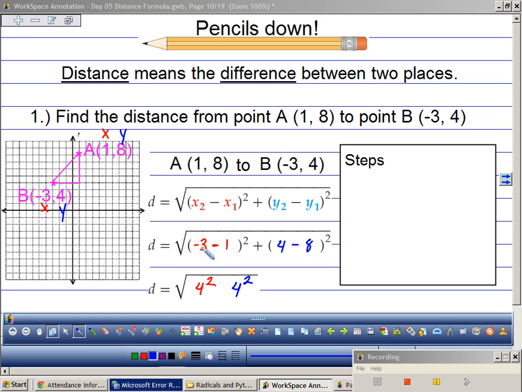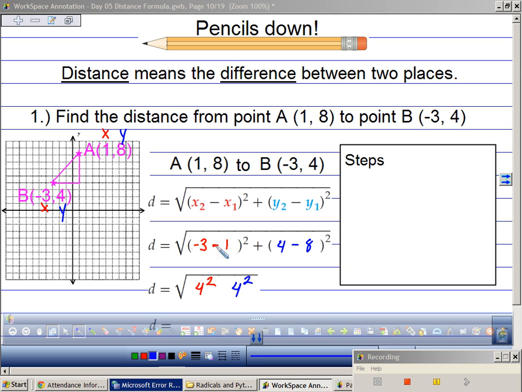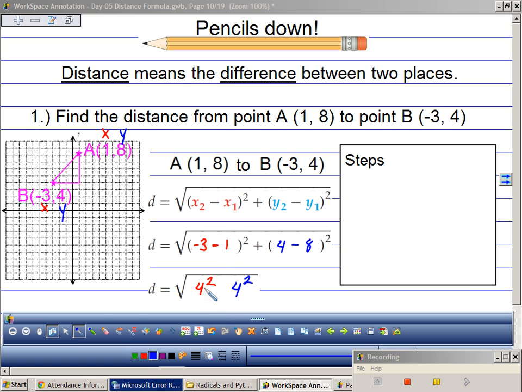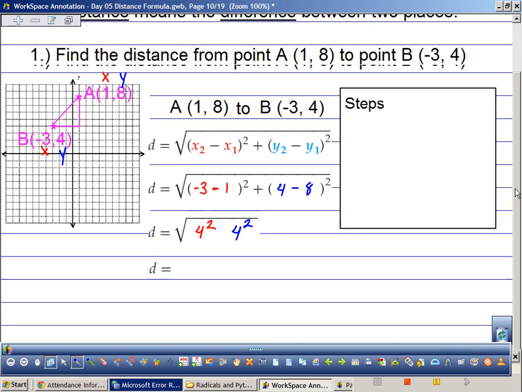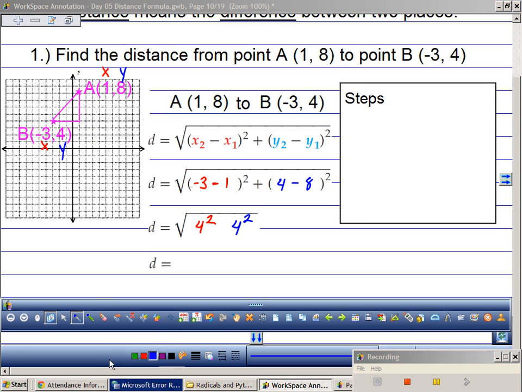How far is it to get from negative 3 to 1, right? Can somebody tell me, what is negative 3 minus negative 1? No. Do you see what I'm saying? Some of you get confused with this, right? Negative 4. What do I have here? I don't have a negative. Is that going to matter? Why? I'm going to square it anyways.